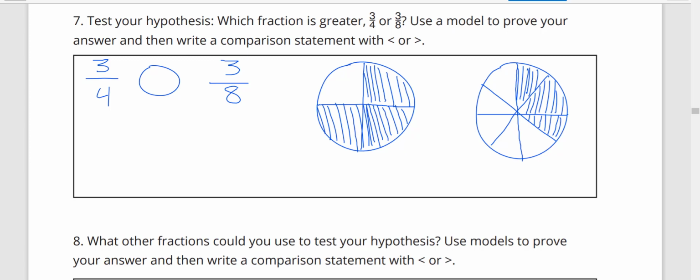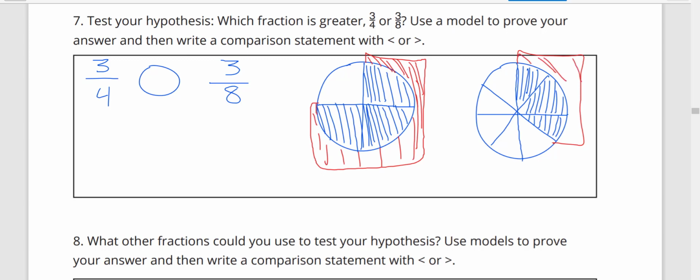Which is the greater fraction? This shaded part in this model and this shaded part in this model. We know that this part is more than this part.